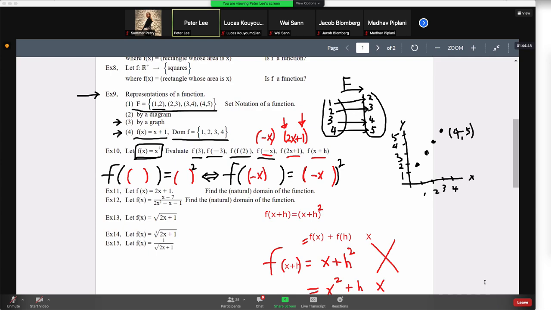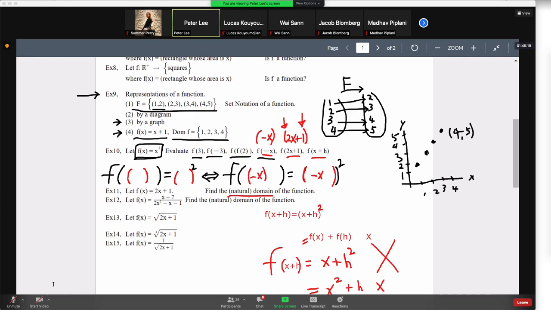Okay. Now let's get into examples 11, 12, 13, 14, and 15. On these examples, I'm going to go through a topic called natural domain. What is a natural domain? Here, actually, I didn't write the definition of the natural domain. But basically, it's this.